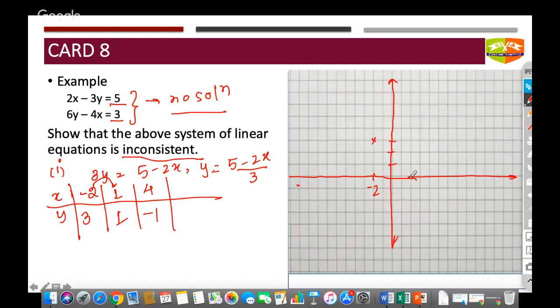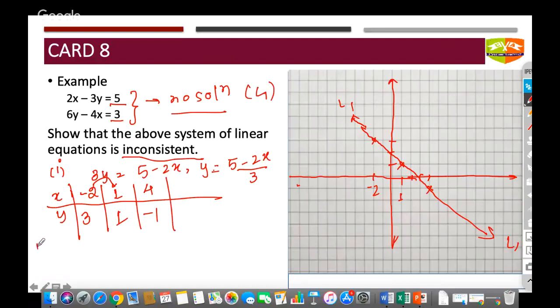The second point is at x is equal to 1, where I get y equal to 1. And at x is equal to 4, which is 2, 3, 4, I get minus 1. So this is the line going like this. This is how my line L1 will look.